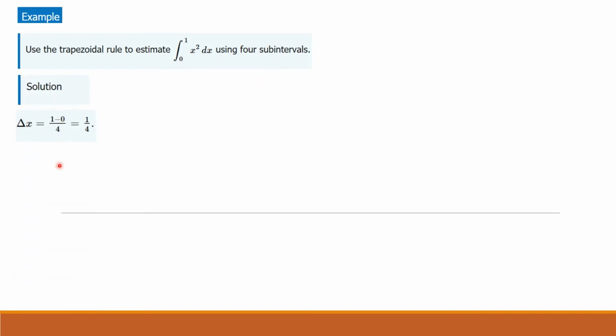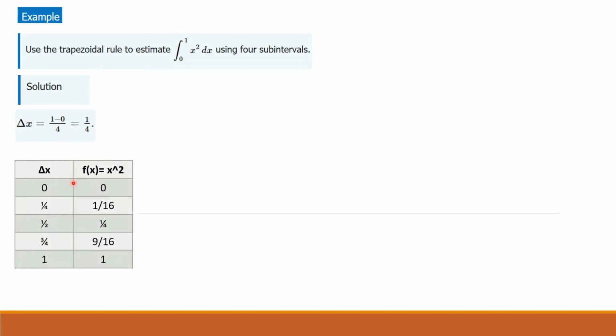So here's our example. Use the trapezoidal rule to estimate the integral of x squared dx evaluated from 0 to 1 using 4 subintervals. So first, we need to find our delta x, which is 1 minus 0 over 4, equal to 1/4. And as you can see, I have made here a table. This is our interval, and this is our value of the function of x.